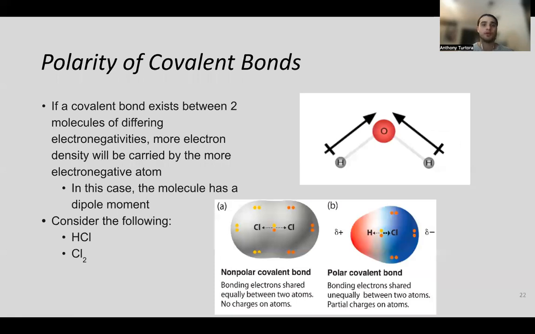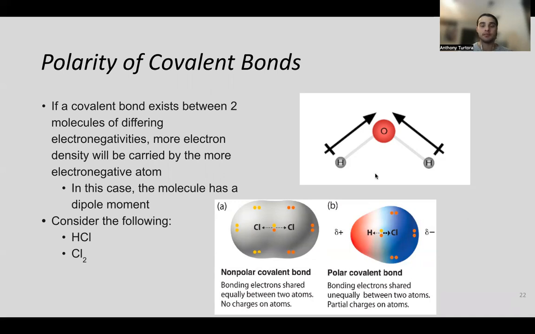First, I will go over the polarity of covalent bonds. So we discussed this a little bit, but I'll go into more detail now. If a covalent bond exists between 2 atoms of different electronegativities, more electron density will be carried by the more electronegative atom.